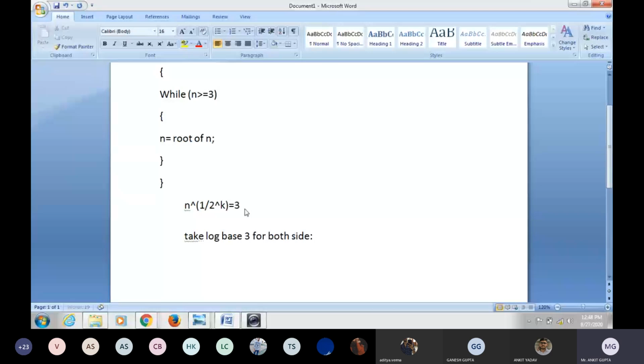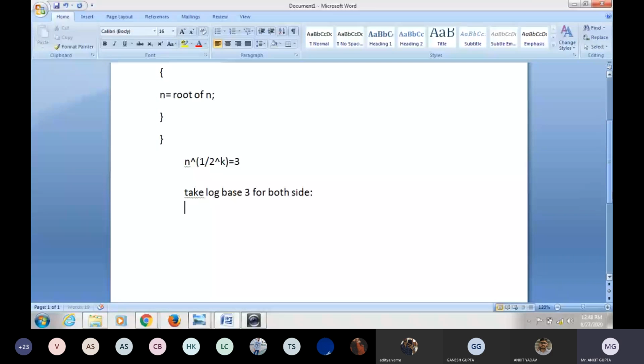So here, 1 by 2 raised to the power k times log base 3 n is equal to log base 3 of 3, and log base 3 of 3 is 1.